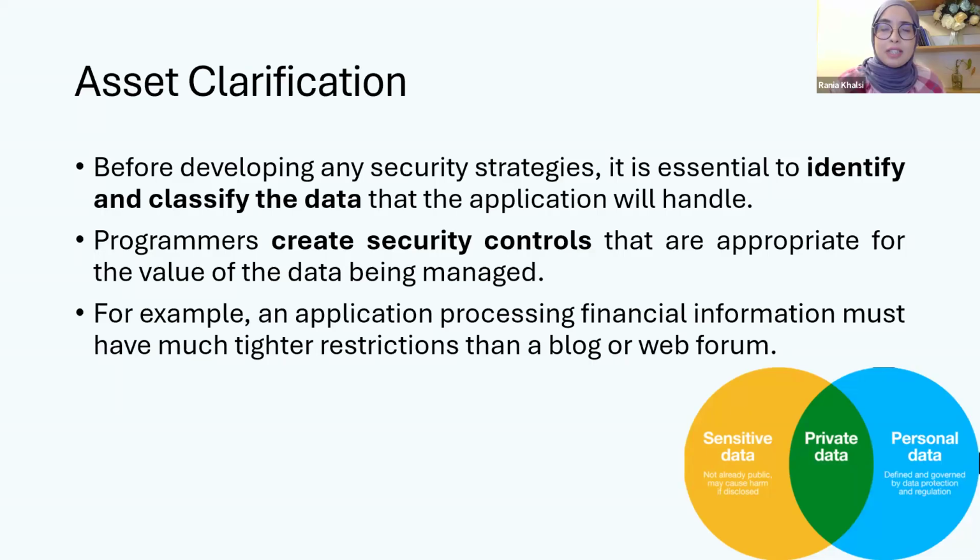Not all data has the same value or the same type. We have sensitive data, private data, personal data. Some data is public, some is sensitive, and some is extremely critical. So security controls should be designed based on the value of the data being protected.